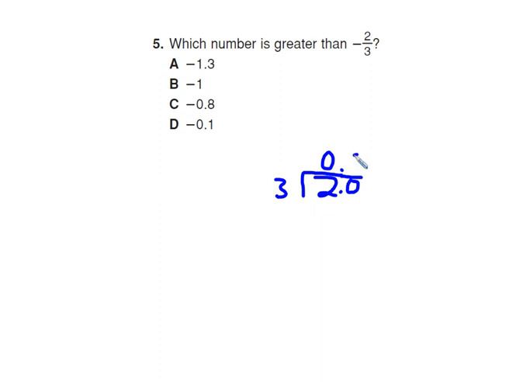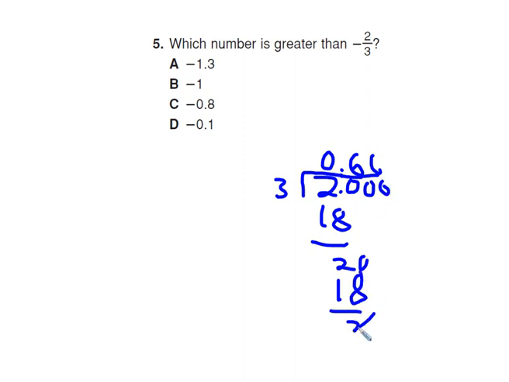Remainder of 2. Add another 0. Bring it down. 6 is going to give me 18. Remainder of 2. Add another 0. Bring it down. Going to get a 6. 18. Remainder of 2. 6, 6, 6, 6. Uh-oh. So it's just 0.6 repeating. This is called our repeating decimal. Negative 0.6 repeating, which is greater?